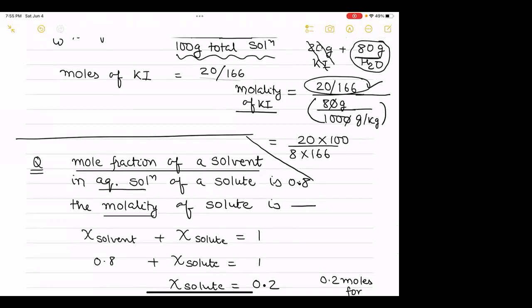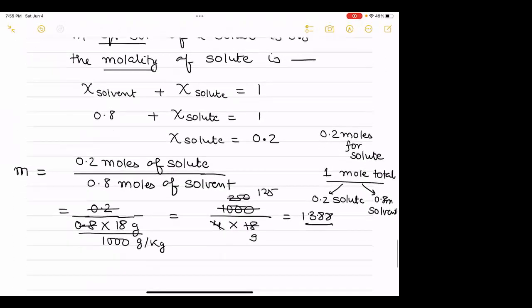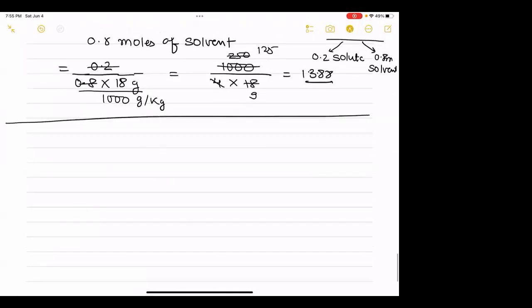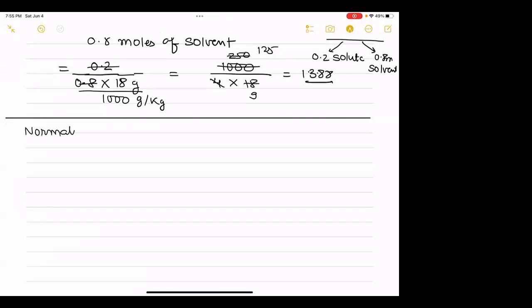Clear? So let me talk about normality. What do you understand by normality? It is represented by capital N. Tell me, Memuna and Vamsi, what do you understand by normality? Krishna, tell me.